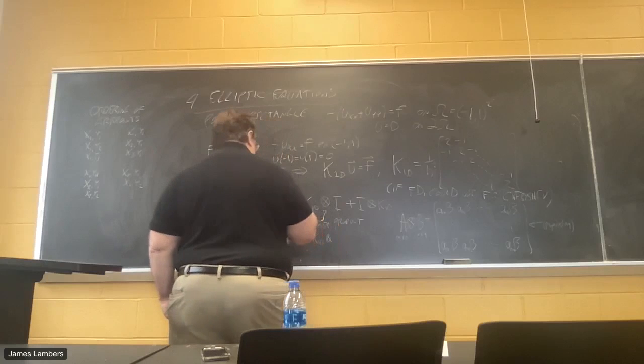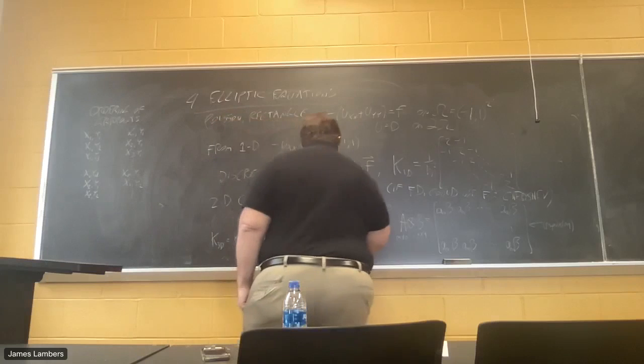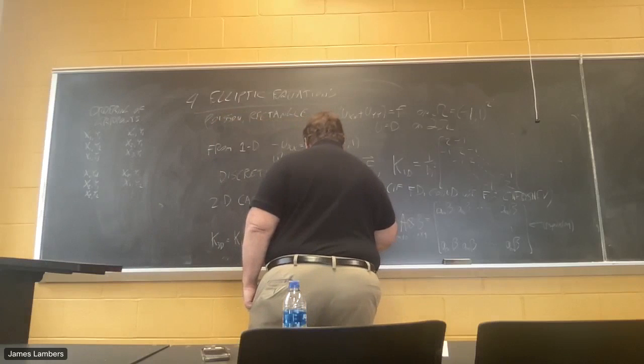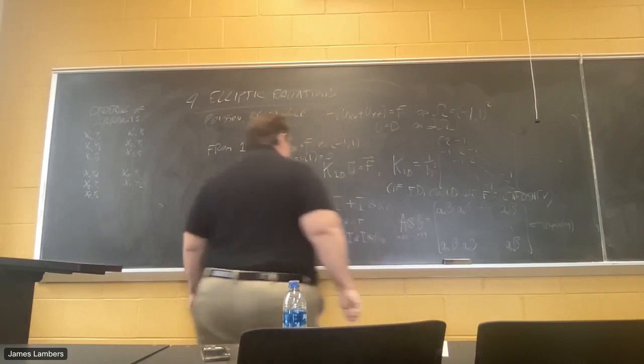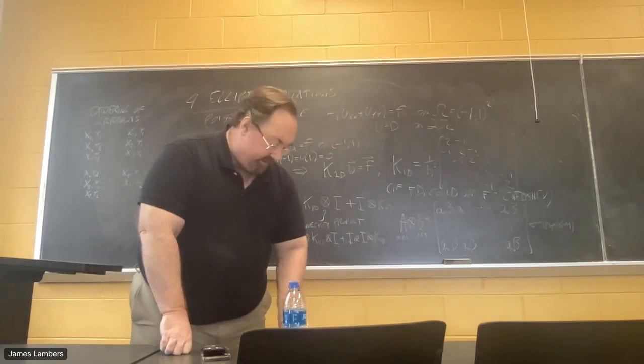But each term has a K1D and two identities involved in a Kronecker product. So one of these is for UXX, one for UYY, one for UZZ.